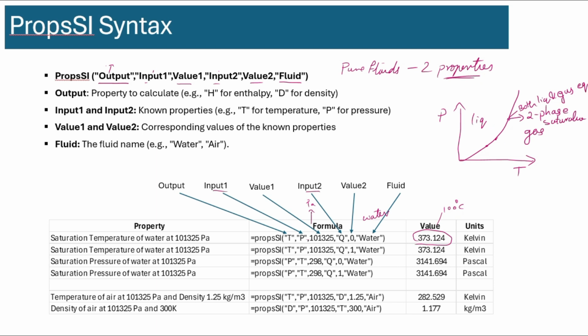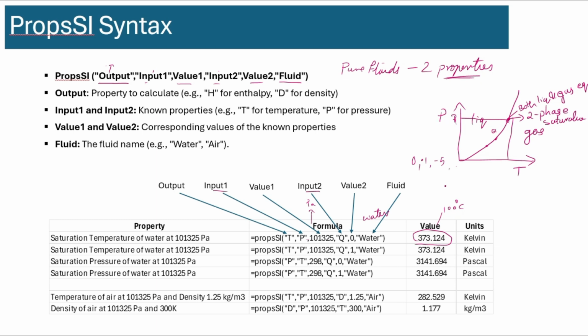So when you specify a Q value, by default, if you specify a temperature, you're going to get a pressure that corresponds to that. Okay, so it doesn't matter if your Q value is 0, 0.1, 0.5, or any of those. If you specify a temperature, there's only one corresponding pressure, regardless of the quality.